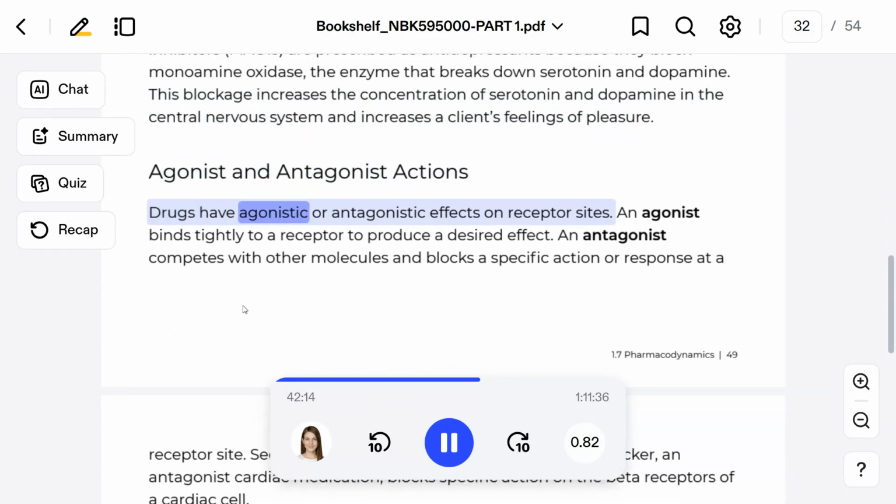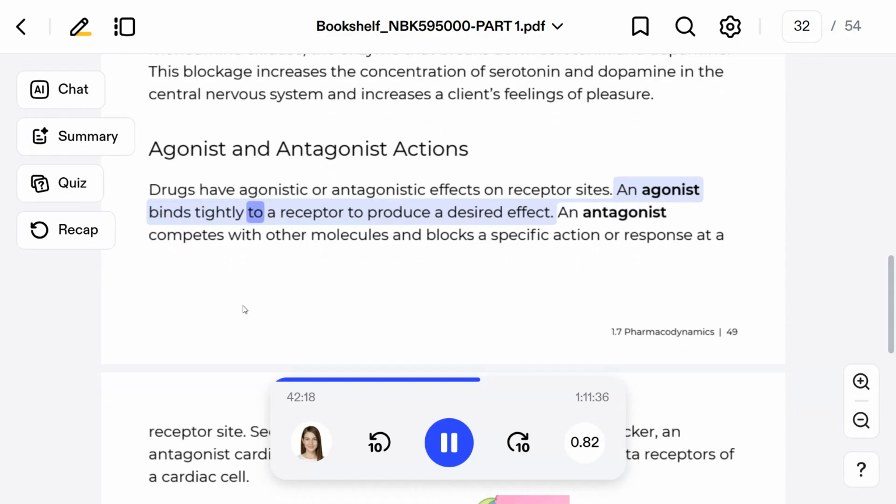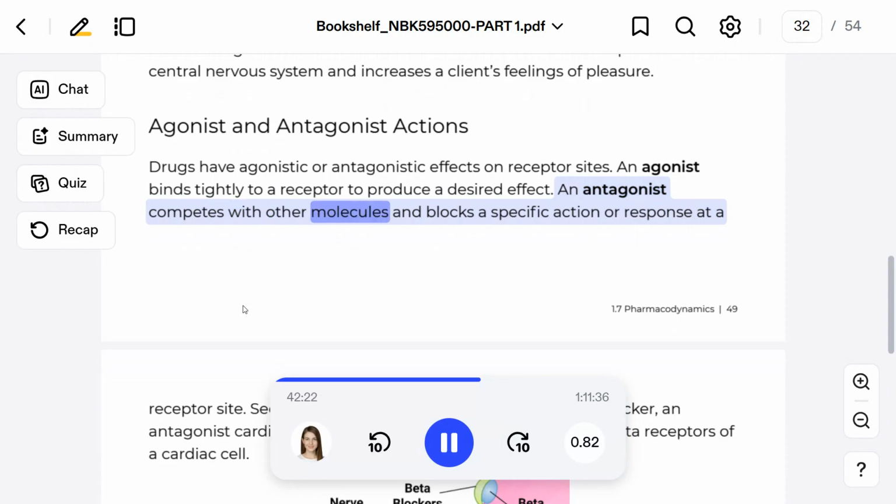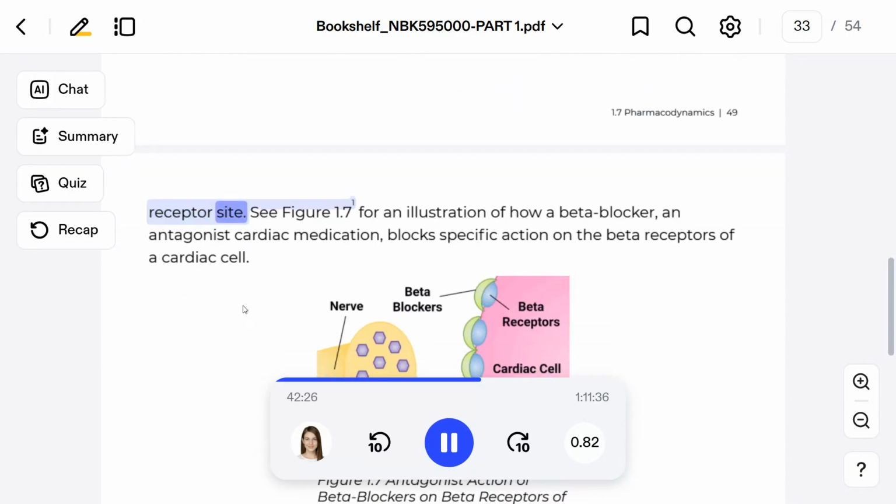Agonist and antagonist actions. Drugs have agonistic or antagonistic effects on receptor sites. An agonist binds tightly to a receptor to produce a desired effect. An antagonist competes with other molecules and blocks a specific action or response at a receptor site.